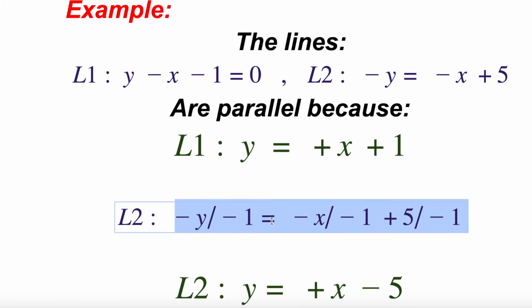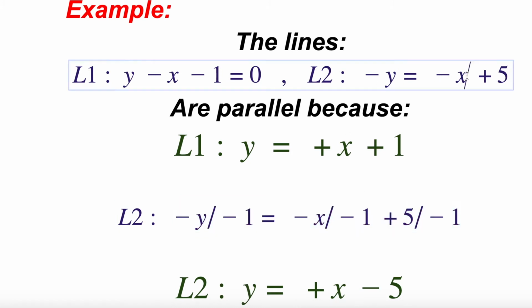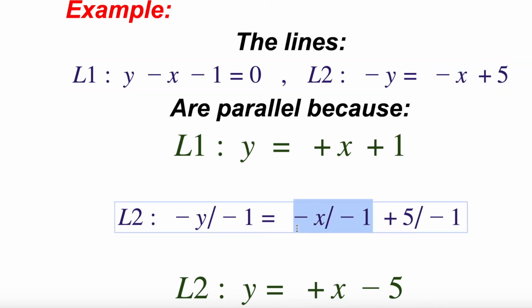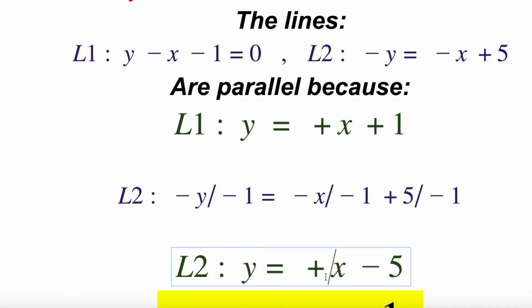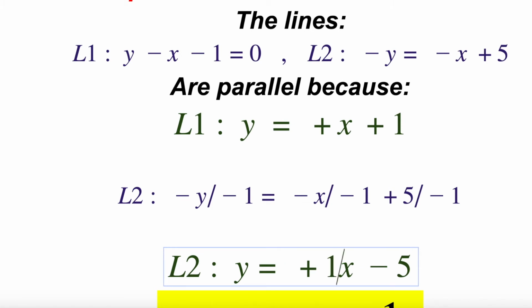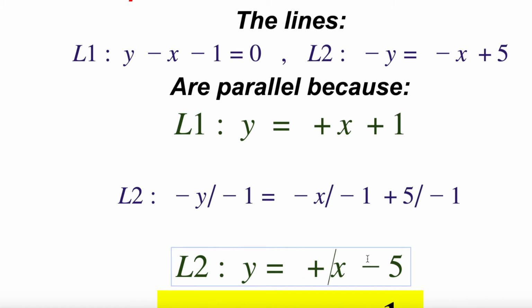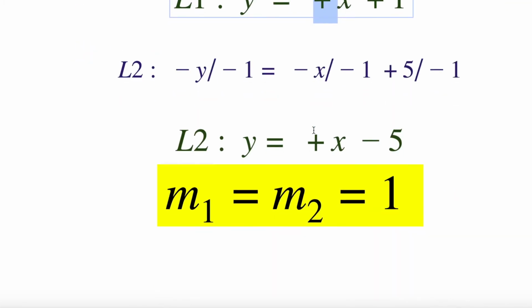Negative y divided by negative 1 is positive y. Negative x divided by negative 1 is positive x. Positive 5 divided by negative 1 is negative 5. So now again, y is alone, isolated, and the slope is the number before x, the linear coefficient, so 1. So since both slopes are 1, that means the lines are parallel.